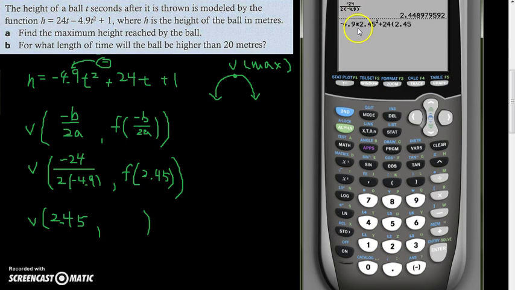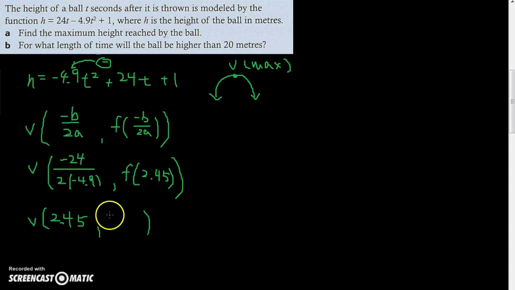As you can see, I could use the multiply key, or I could use parentheses to represent numbers multiplying each other. And then finally, plus 1. So negative 4.9 times 2.45 squared plus 24 times 2.45 plus 1, and I have 30.4.